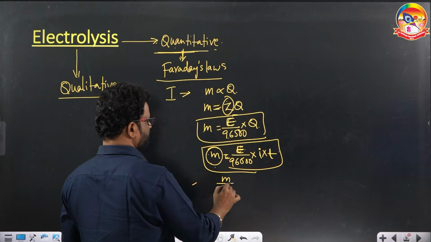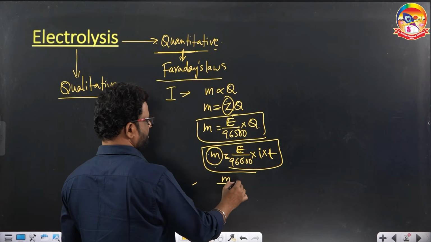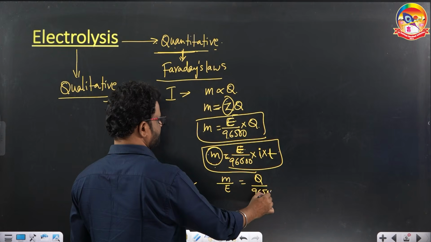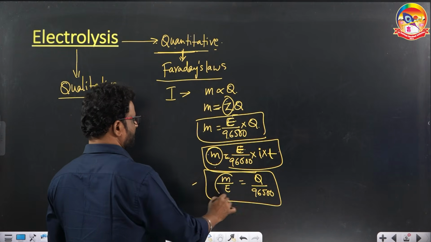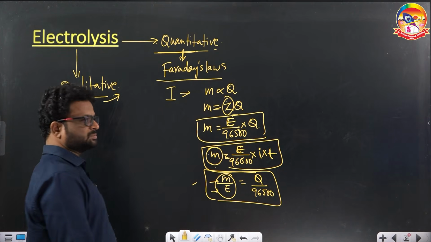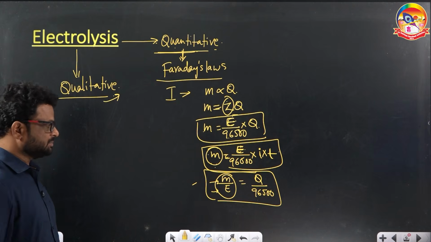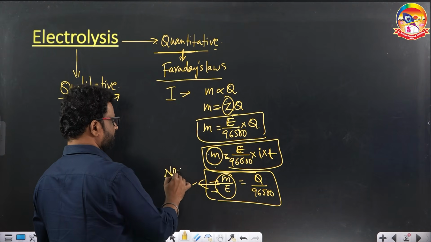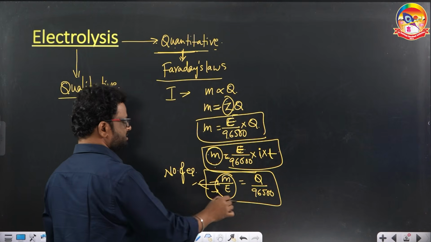And from this, you can also get another relation: M by E is equal to Q by 96,500. So what is the significance of this formula? Mass of substance by equivalent mass is nothing but the number of equivalents.